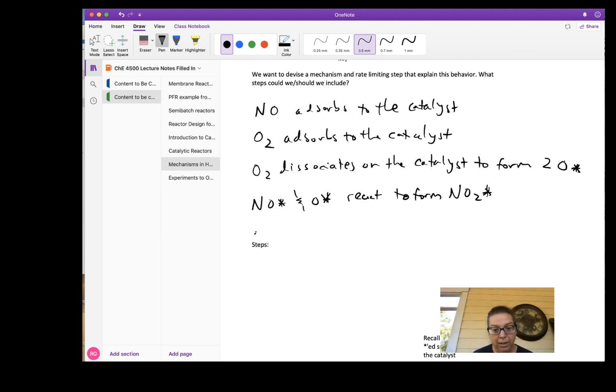And then NO2 desorbs from the catalyst. So at the very minimum, these 5 steps must happen in order for the catalyst to carry out this reaction.